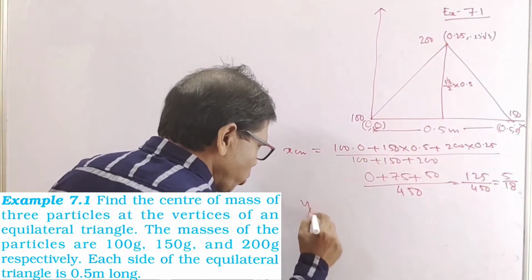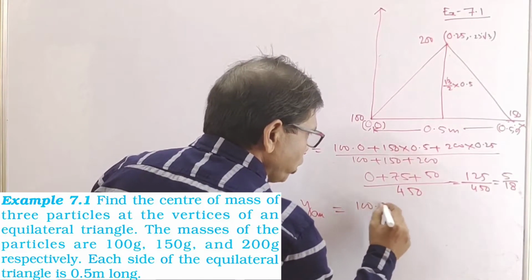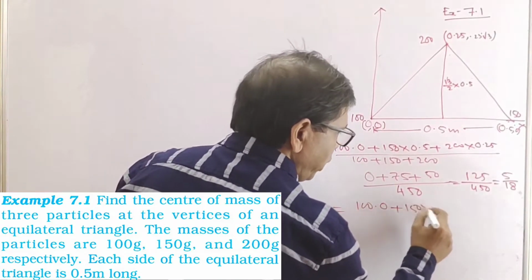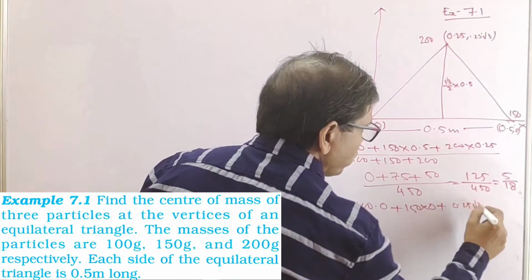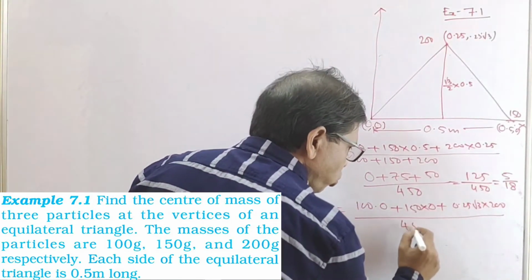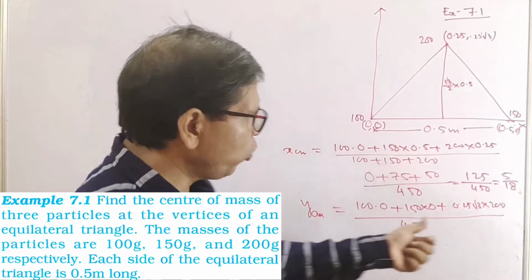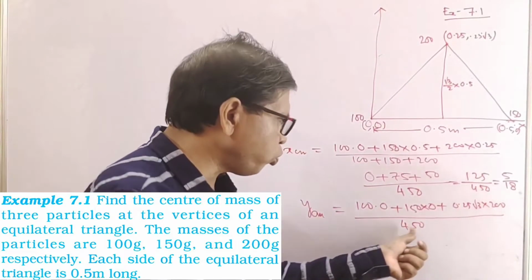Okay, look at this, ycm is equal to 100 into 0 plus 150 into 0 plus 0.25 into root 3 into 200, divided by 450. So here this is 50 into root 3 divided by 450.